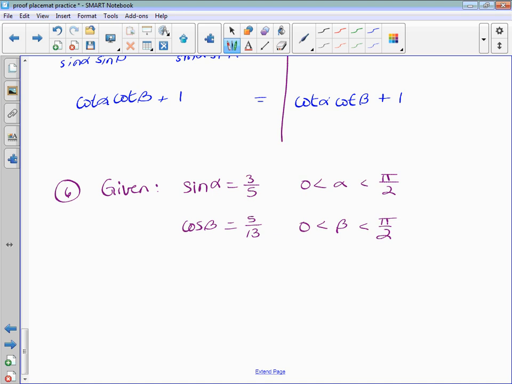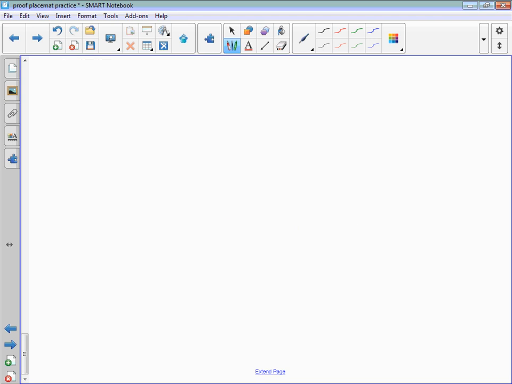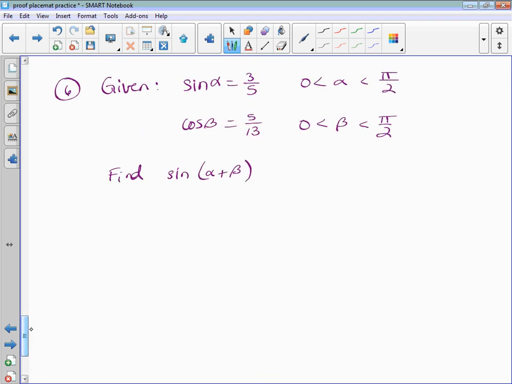And we are going to find the sine of alpha plus beta. Okay, we need to make a couple of pictures.